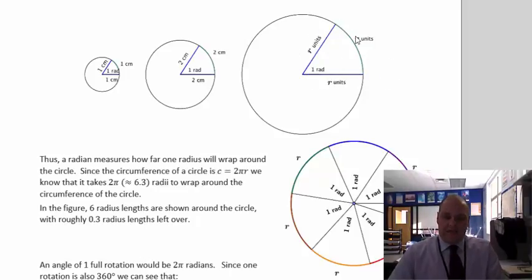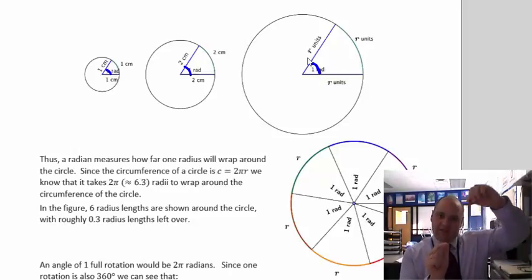A radian, and I'm going to mark these angles here. This angle, this angle, this angle. They're all the same angle. The only thing that happens is the radius gets bigger.